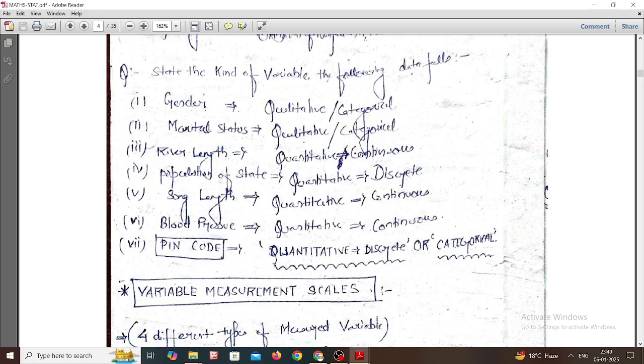So discrete. Song length can be in minutes, seconds, or a combination, therefore it is quantitative, continuous. Blood pressure is also quantitative, continuous. Pin code is quantitative and discrete or categorical.